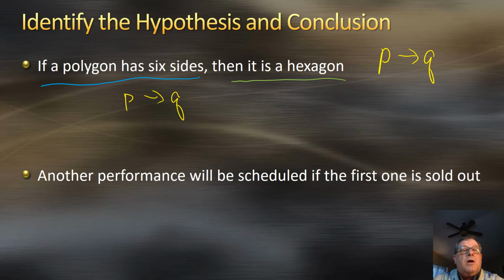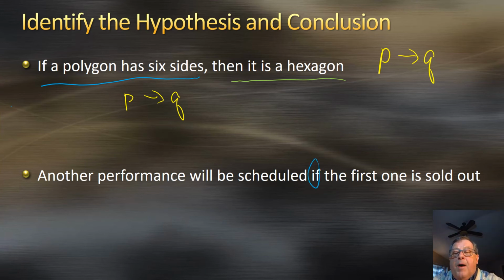Now sometimes it's not quite as obvious as this first one was, where it started with if and then we see then in the middle. So let's read this second one. Another performance will be scheduled if the first one is sold out. Well, I see the if right here.